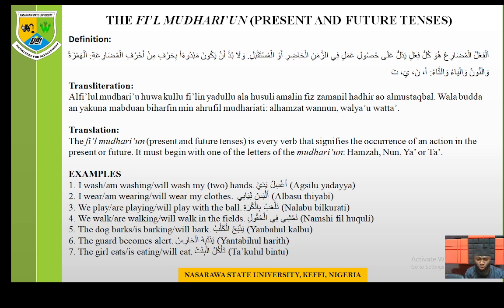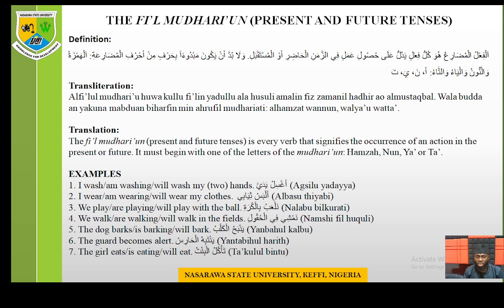How do you identify this in the sentence? By looking at the speaker. If a speaker is doing that thing right now, you refer to what? Present continuous tense. If he is standing, he did not start the work, but he said aghsilu yadayya, meaning he will wash his hand later after that time.